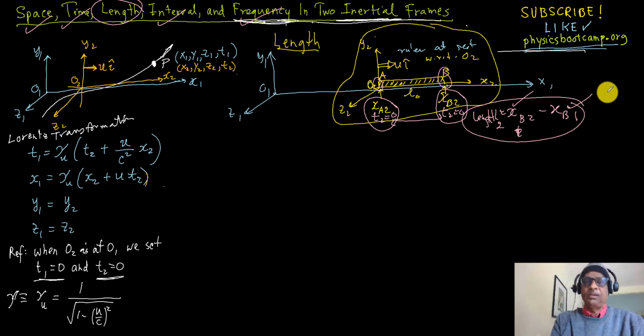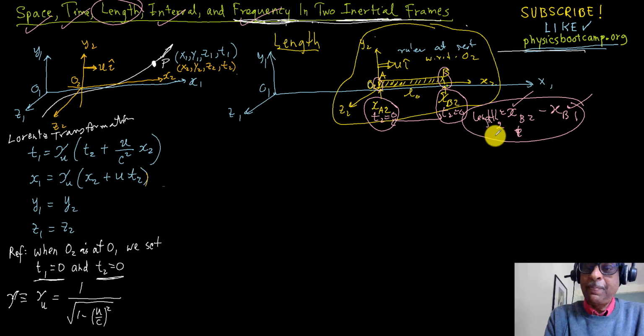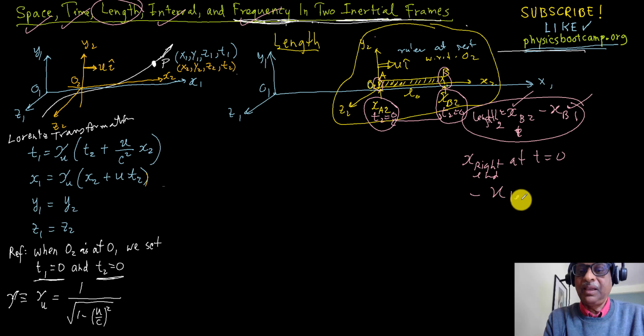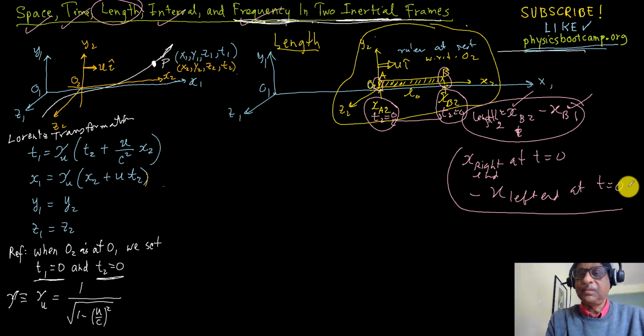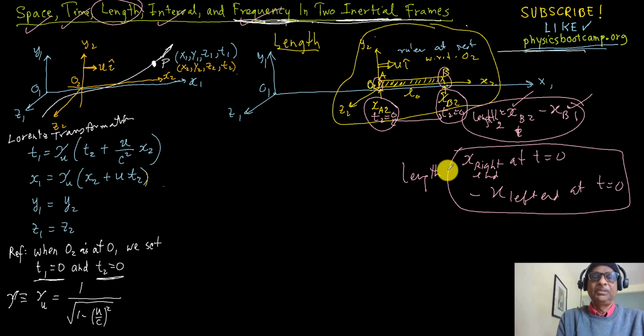So let me write down: x of right end at t equal to 0 minus x of left end at t equal to 0. That is the definition of length. So what will the length in frame 1 be?